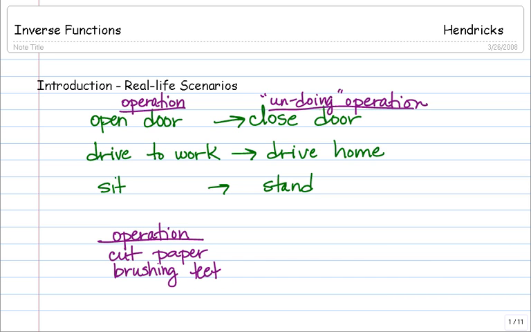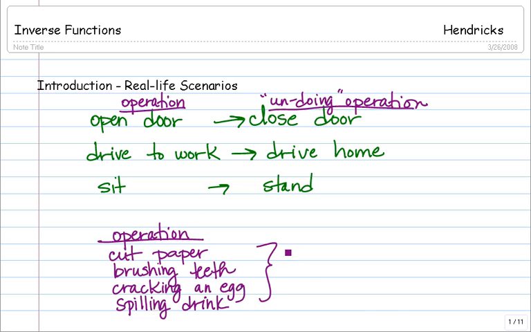Can you undo brushing your teeth? No. Or cracking an egg? Or spilling your Diet Coke? Right? These operations cannot be undone.